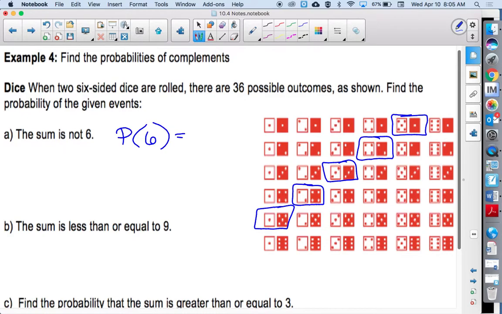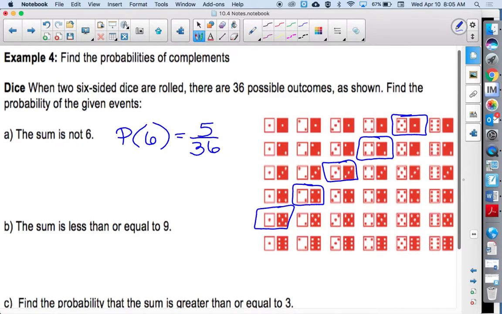Notice that they're all on a diagonal. So the sum of 6 is on a diagonal based off of the way these dice are organized. So if I count the number that equals 6, we've got 1, 2, 3, 4, 5 out of 36. So that's the probability of rolling a pair of dice that have the sum of 6.